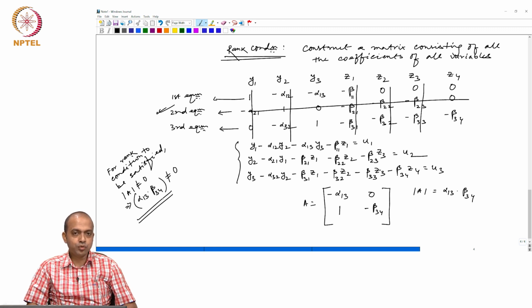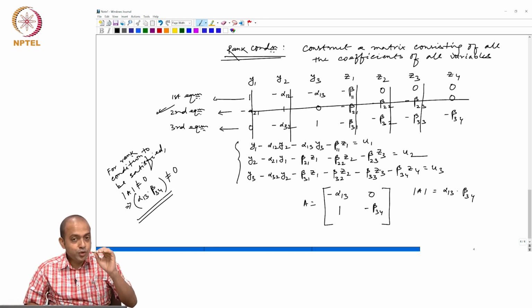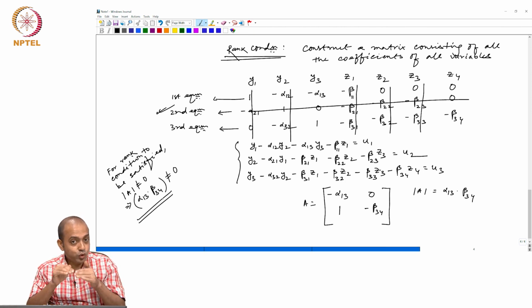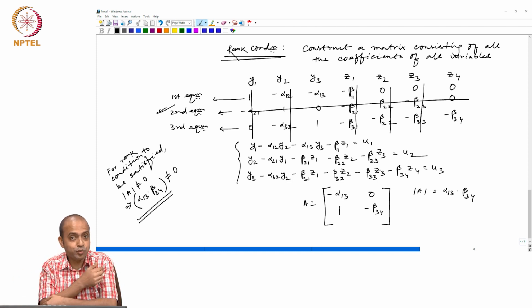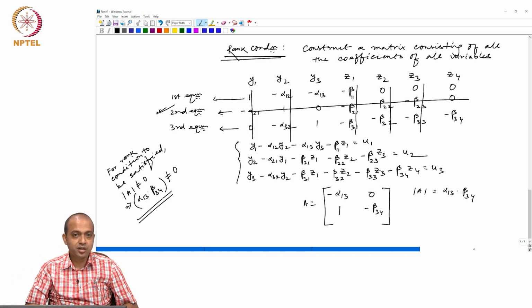So I do not know whether I am estimating a demand function or a supply equation; it does not make any sense. That is why if you want to estimate a demand function, you need to construct, with availability of data, a system of equations such that the demand function is identified.